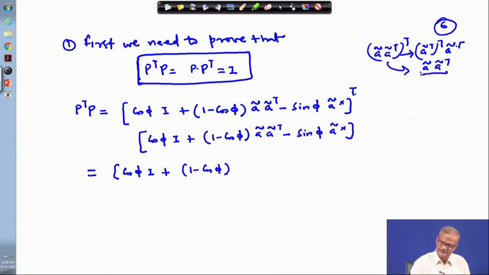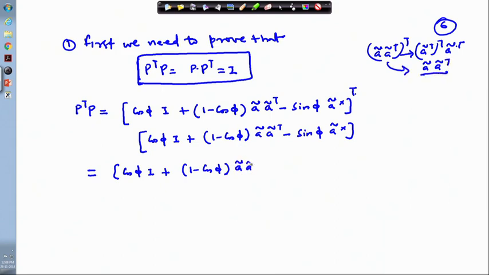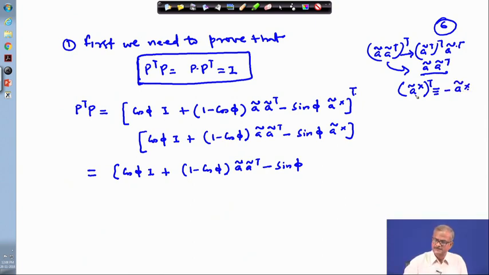So, it yields the same thing minus sin phi, this is a scalar, so there is nothing to worry about, and A tilde cross transpose will be equal to A tilde cross with a minus sign, that you can check, because it is a skew symmetric matrix.